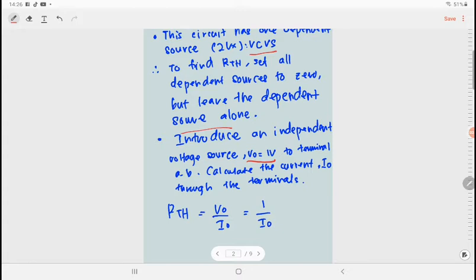V0 is equal to 1 volt, the voltage source that we introduced. So our aim is to get the value of I0, and then you can automatically get the value of RTH. In this example, I choose to introduce an independent voltage source V0 equal to 1 volt at terminal AB.